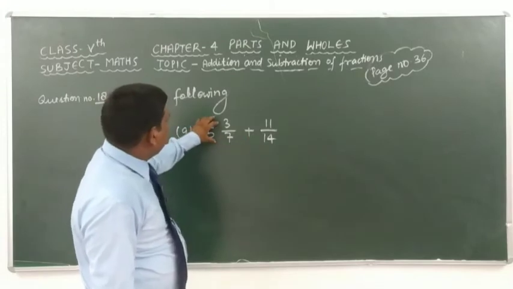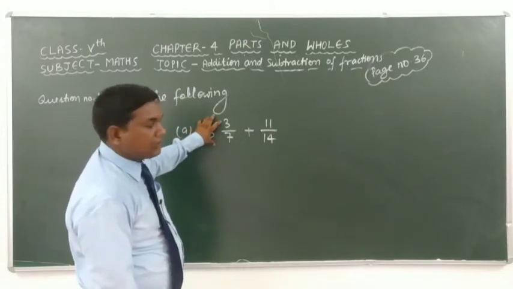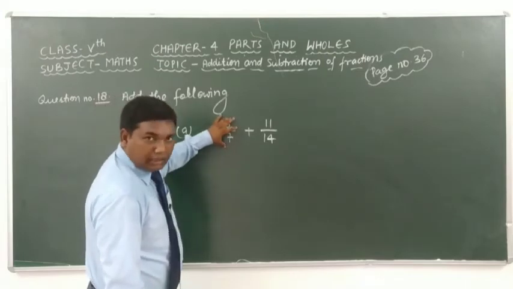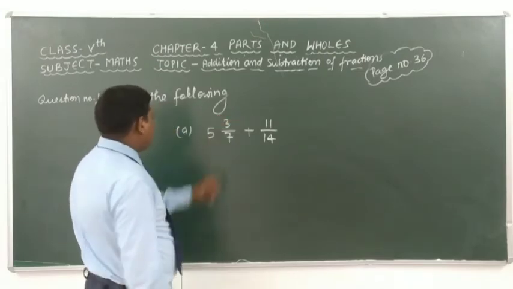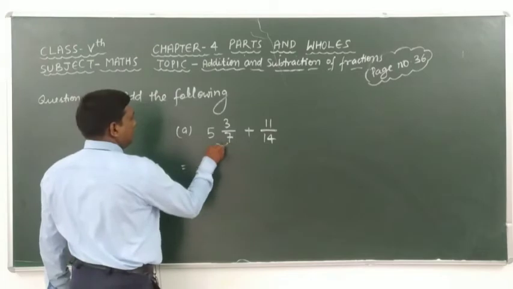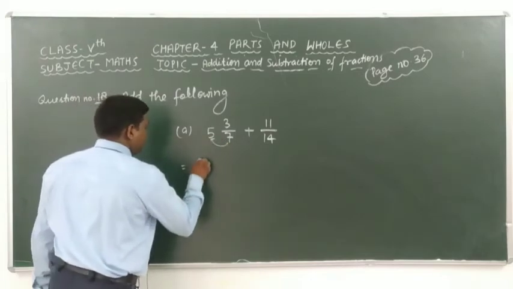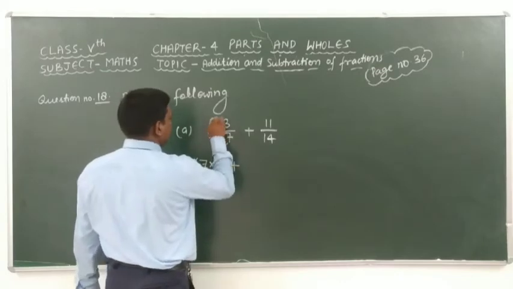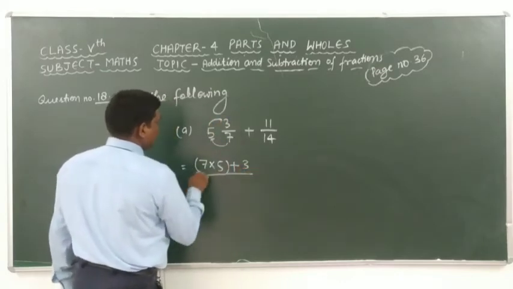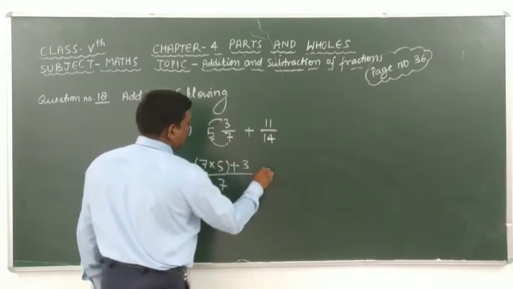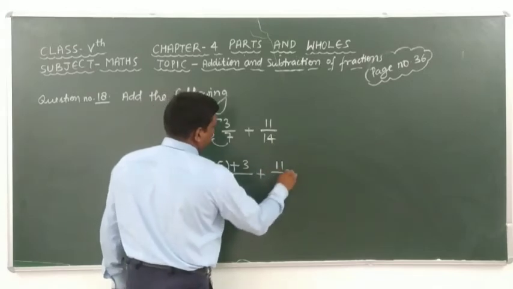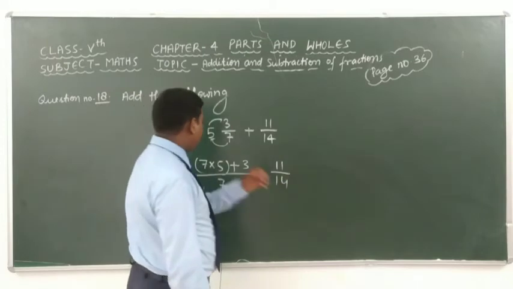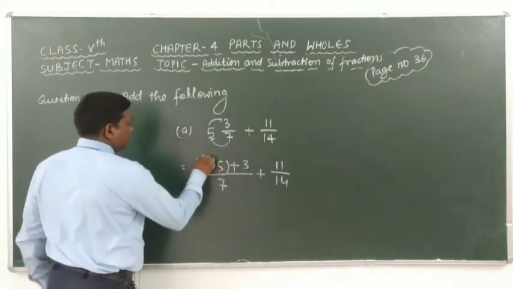Firstly we have to change the given mixed fraction into an improper fraction. Look here carefully: 7 into 5 plus 3 over 7, and plus 11 over 14 as the same.